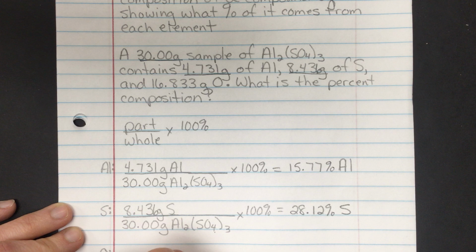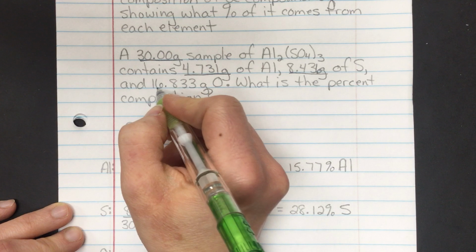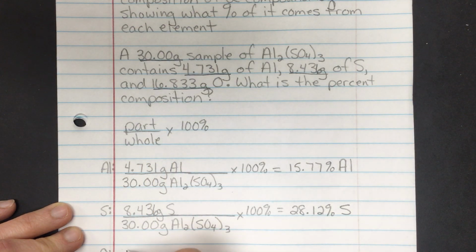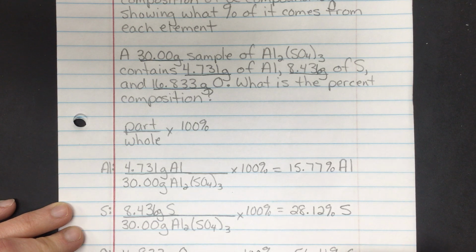And finally, for the oxygen, I take the 16.833 grams of oxygen, divide that part by the whole of 30, and I get 56.11% oxygen.